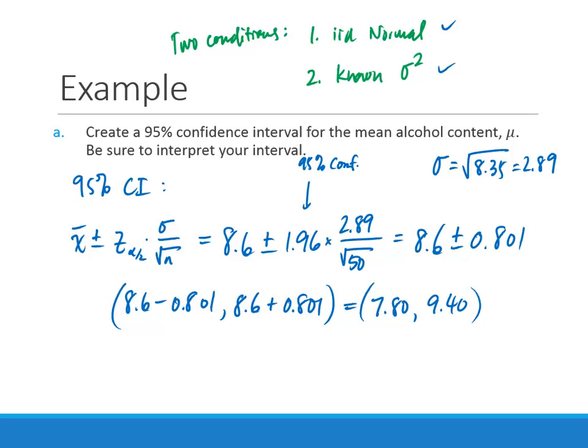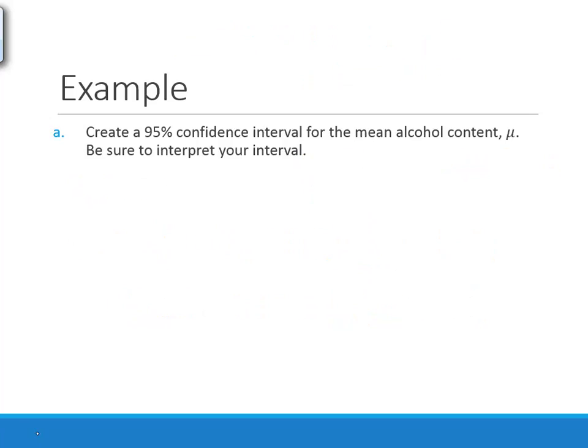The calculation is pretty straightforward. Let's write down our confidence interval: 7.8 up to 9.4. Now let's think about how to interpret this interval.